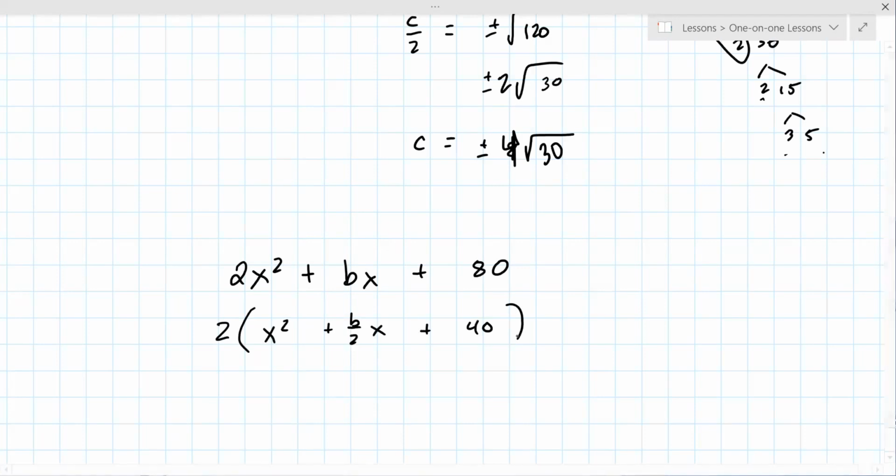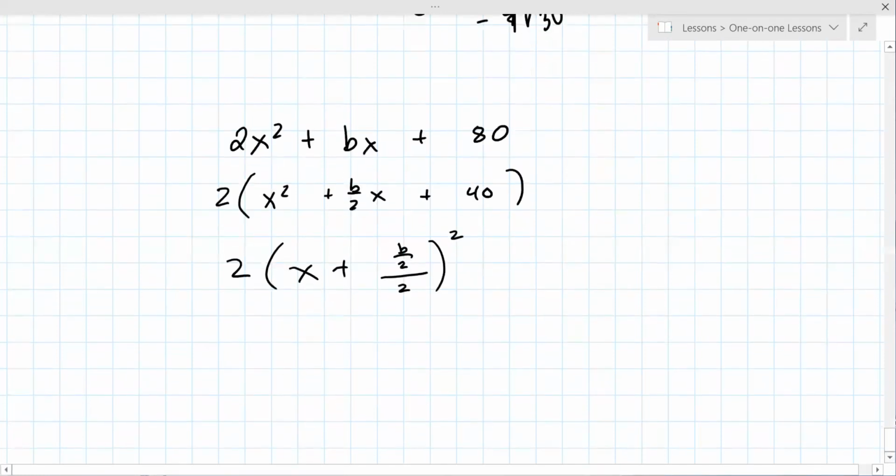Right. And then you have to take this b over 2 and divide it by 2 again, because that's what goes here. Oh, so you don't get rid of the 2 by doing that in front? No. When you distribute this 2 in, you get back to the previous line.